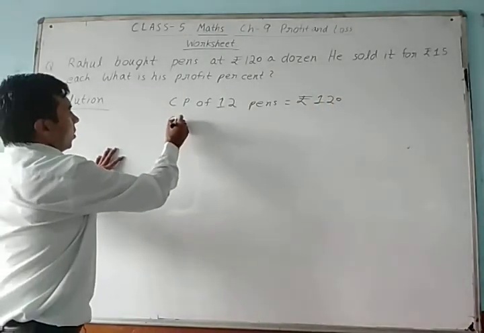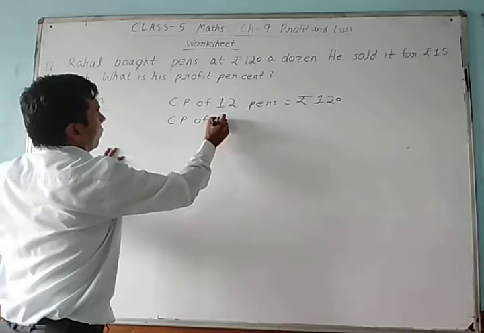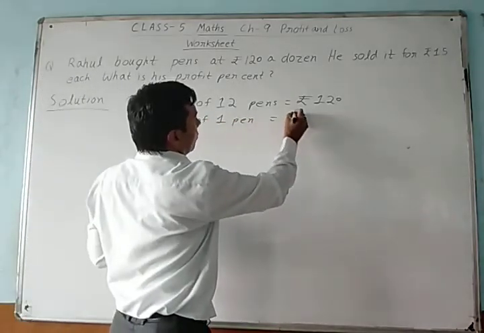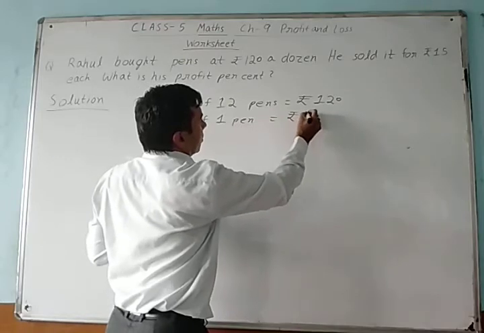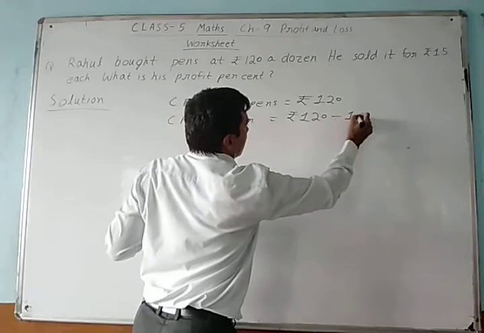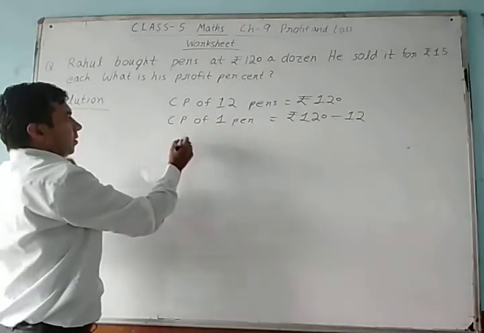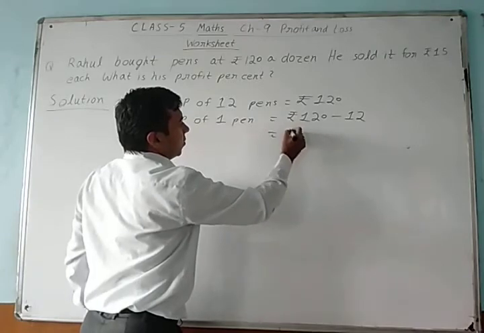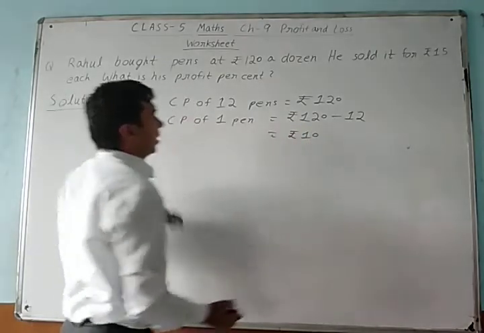Now cost price of 1 pen is equal to rupees 120 divided by 12. So it is 12 pens, 120 rupees, 10.